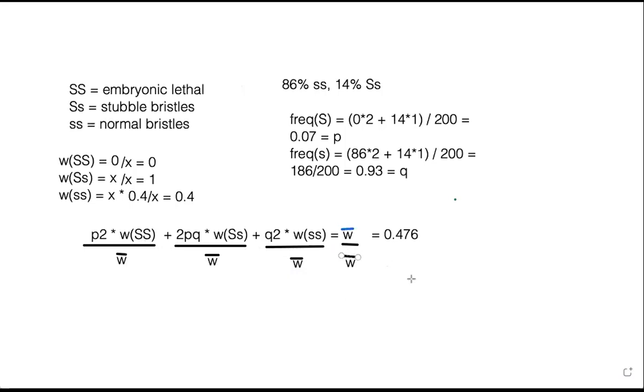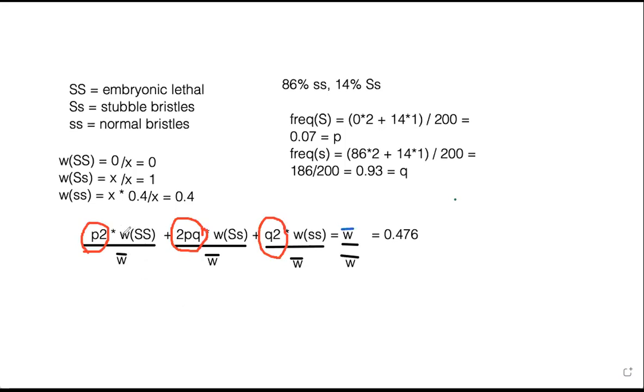All right, what's that going to do? Think it through. I apologize if this is not the most fascinating thing that we have ever done, but it is important that you know what it is that you're doing. So remember, P squared is the frequency of big S individuals if we didn't have any selection going on. 2pq would be the frequency of heterozygotes with no selection, and q squared would be the frequency of homozygous little s flies if there wasn't any selection.